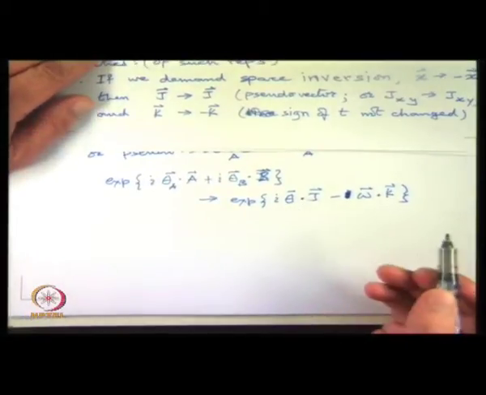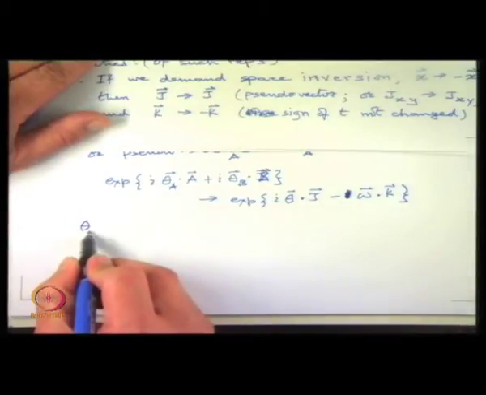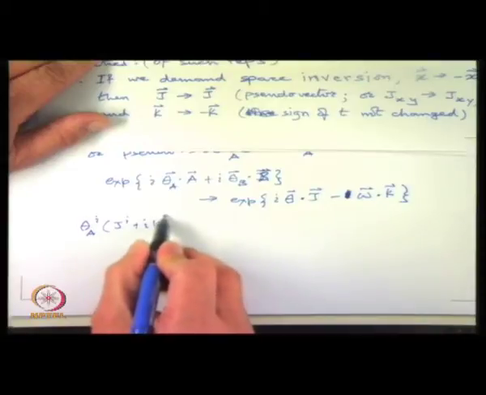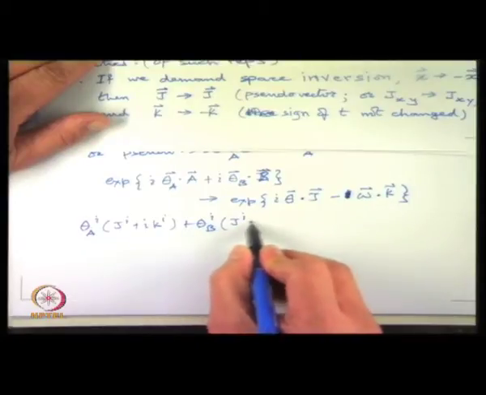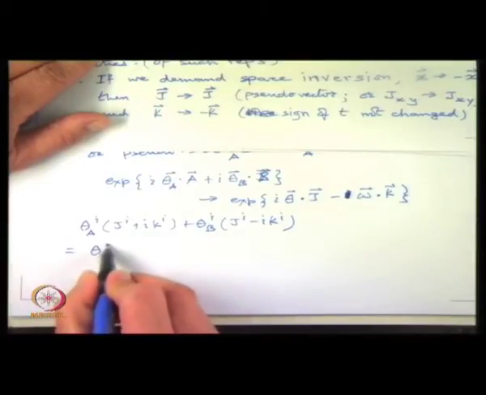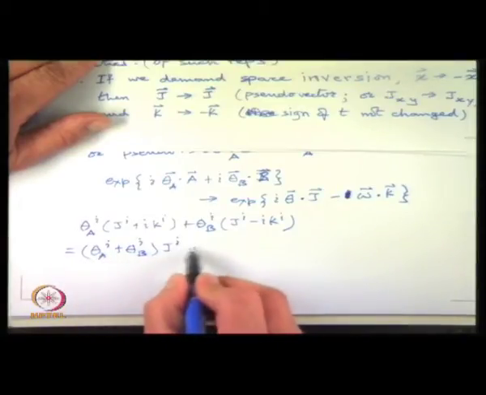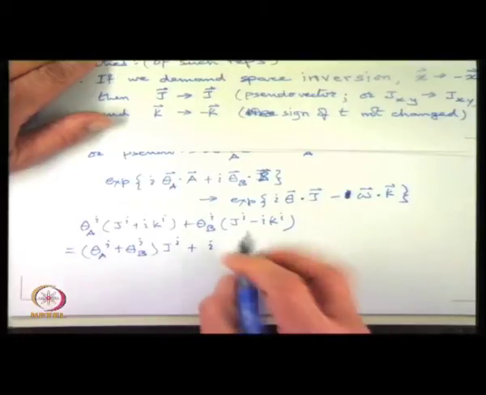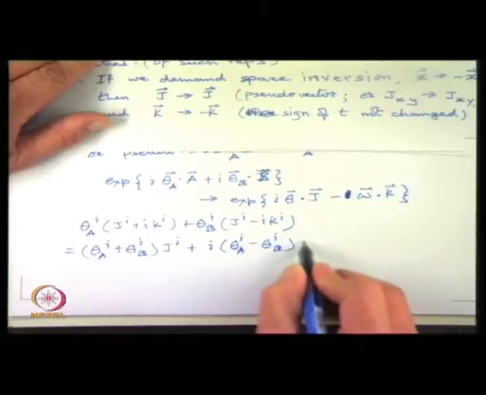So here, okay, let us work out. So if we have theta A_i times J_i plus iK_i plus theta B_i into J_i minus iK_i, then we get theta A_i plus theta B_i times J_i and plus i times theta A_i minus theta B_i times K_i.